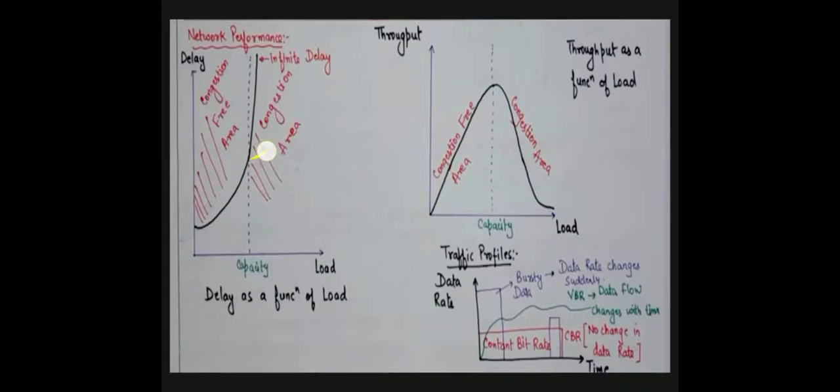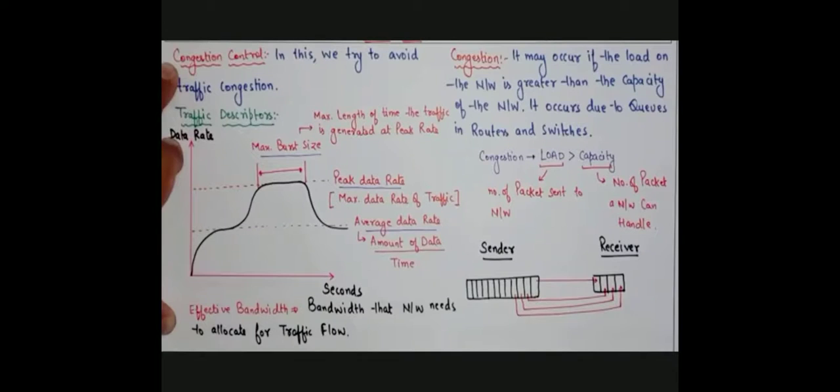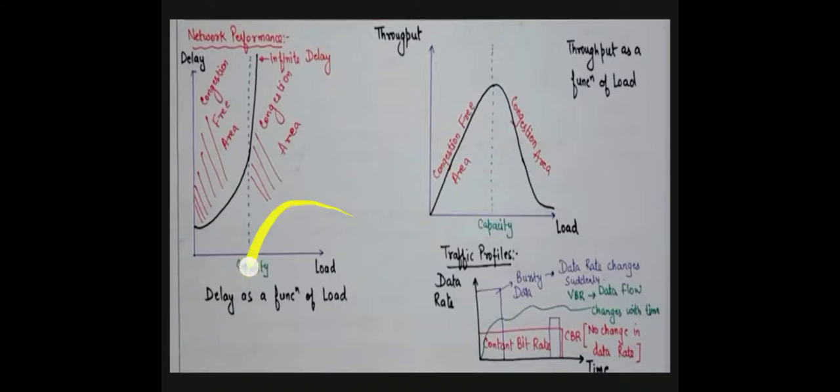But after this capacity, this place is the congestion area, meaning the probability of congestion or collision increases here mostly. Now you can see the delay is a function of the load here. Now just go through the throughput.